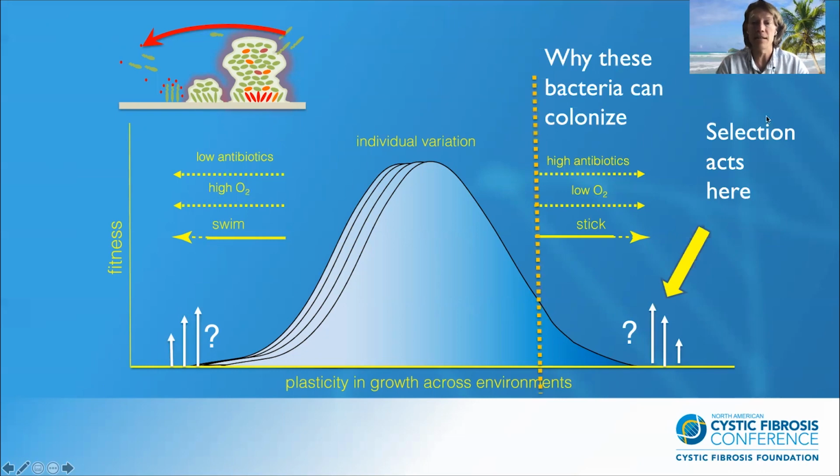And then selection tends to act over here to augment and improve fitness under the extremes of these conditions. So selection is acting on naturally occurring new mutations arising in these infections to improve fitness in a combination of these conditions. So what are those sorts of adaptations?